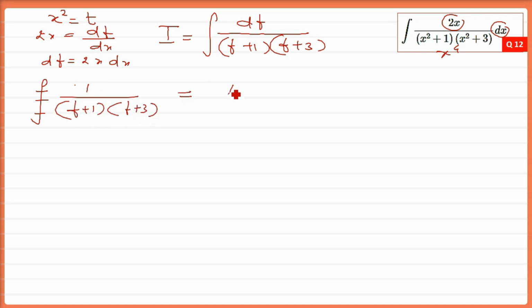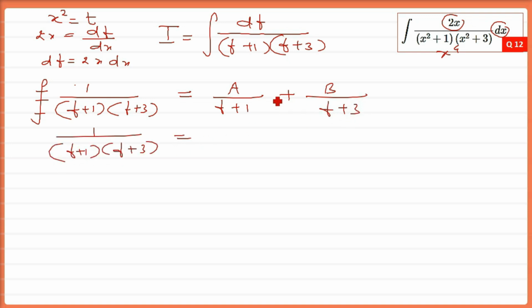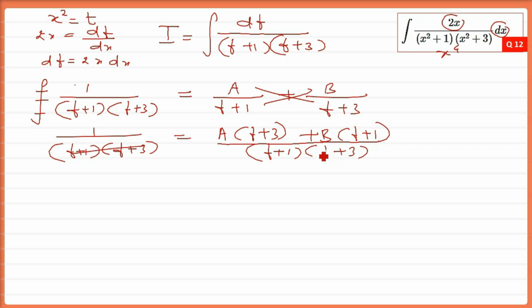So this will be equal to a divided by t plus 1, and b divided by t plus 3. Cross multiplying, a with t plus 3 and b with t plus 1, and the denominator gives t plus 1 into t plus 3. The denominator gets cancelled. So this is equation number 1.